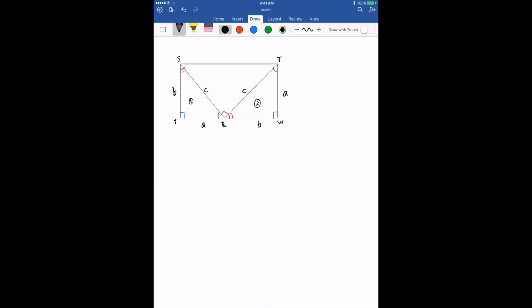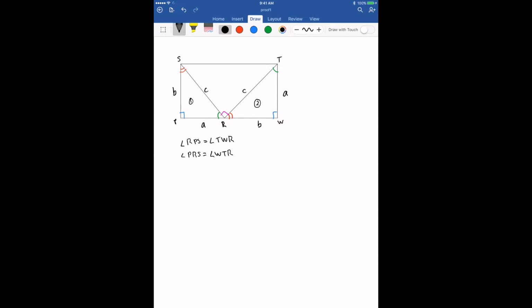Let's take a look at what we know about triangle 1 and triangle 2. Since they are the same triangle, we can make some angles equal to each other. We know that angle RPS, the angle in blue, is going to be equal to angle TWR. The angle in green in both triangles: in triangle 1, you have angle PRS being equal to, in triangle 2, WTR.